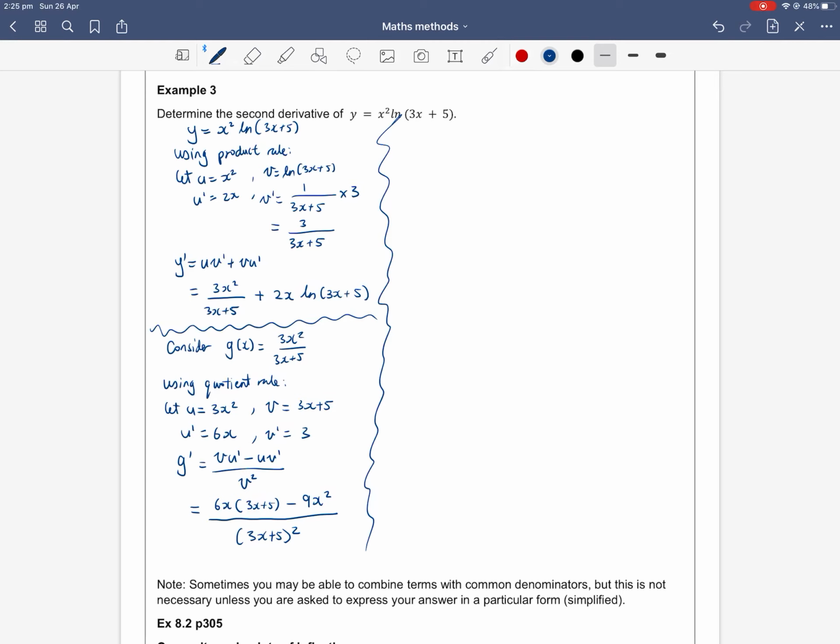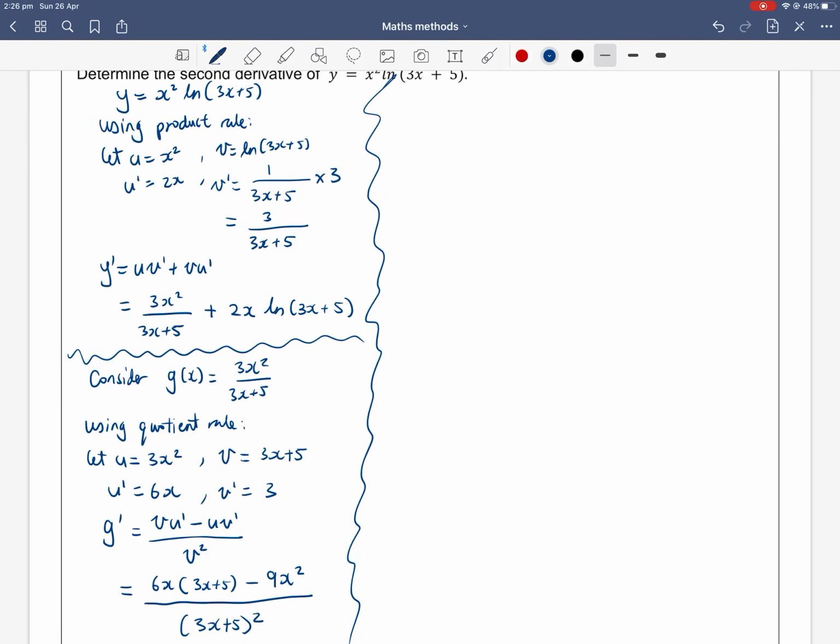So if we expand the top, g dash is 6 times 3 is 18x squared, plus 6 times 5 is 30x, minus 9x squared, all over 3x plus 5 squared. So that gets us 18 minus 9 is 9x squared plus 30x all over 3x plus 5 squared.